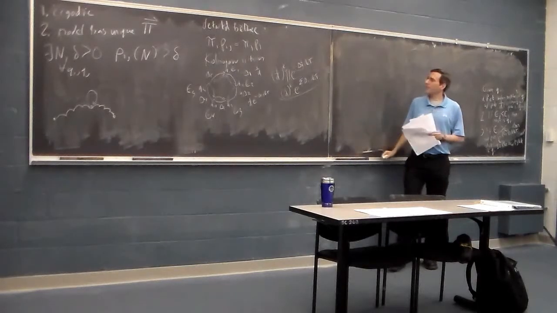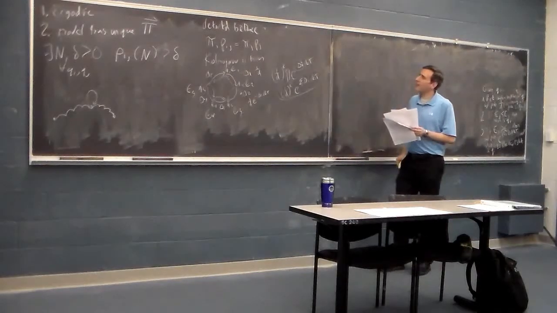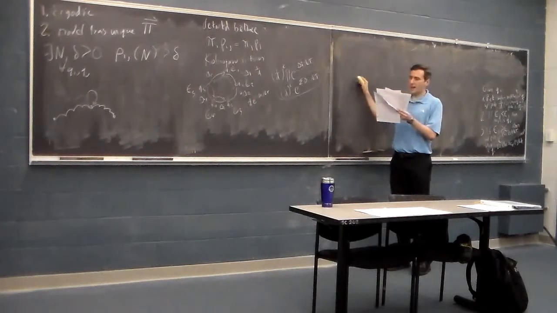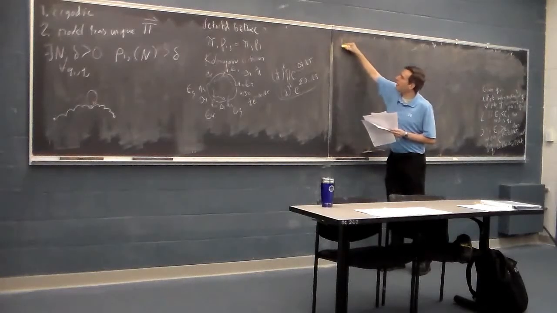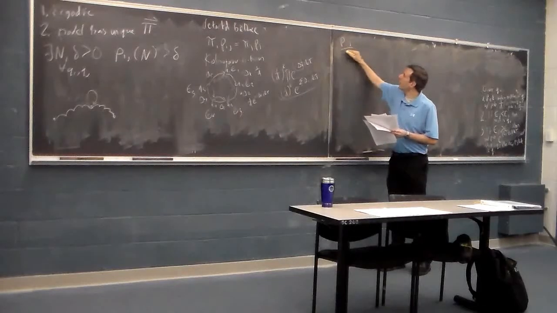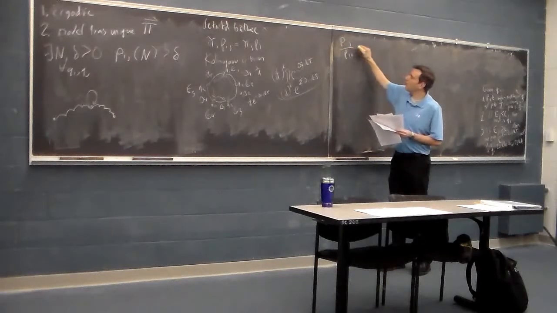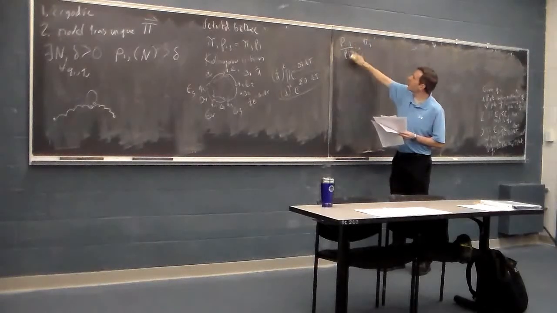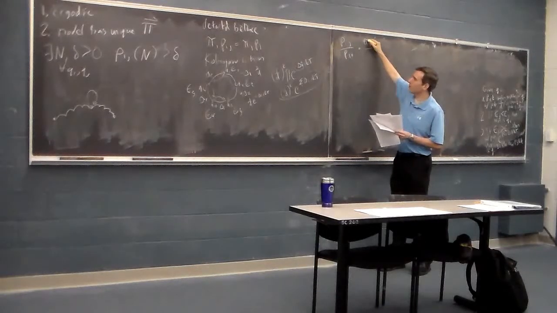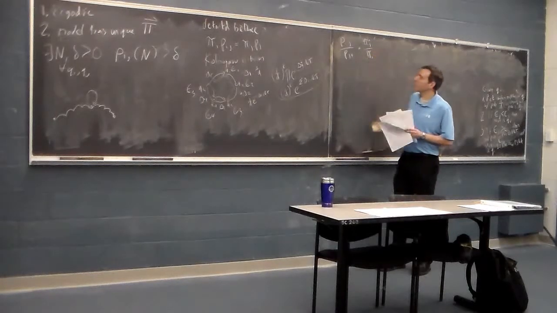All right, so if pi_i P_ij equals pi_j P_ji, then we can say that P_ij over P_ji must be equal to pi_j over pi_i.